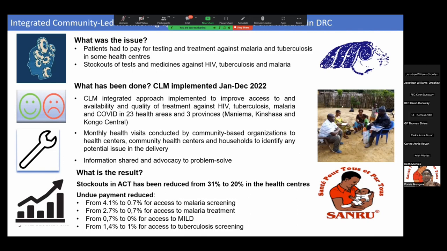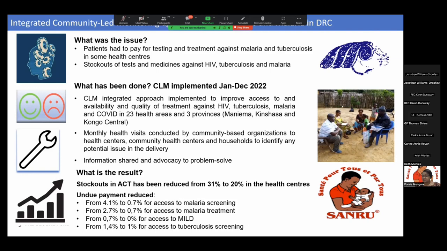And there was also a problem of lack of stock for testing and medicaments. So even when the inputs are available at the central level, we could still see some lack of inputs at the health center level.